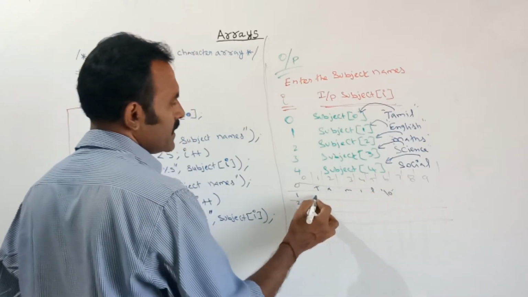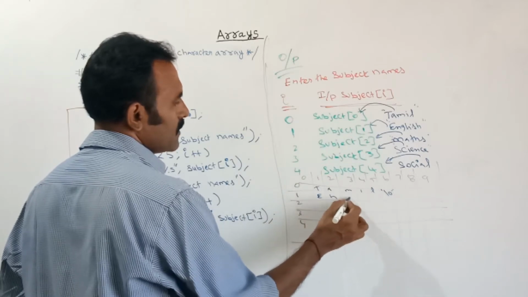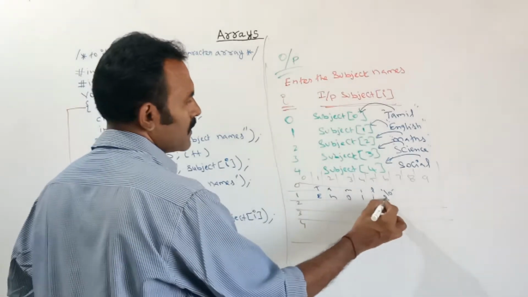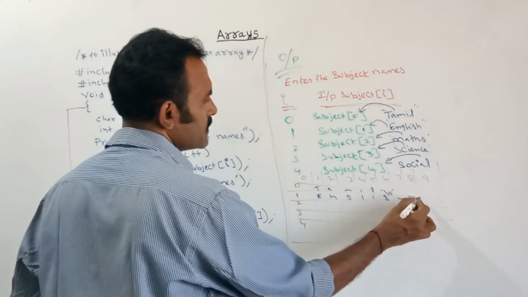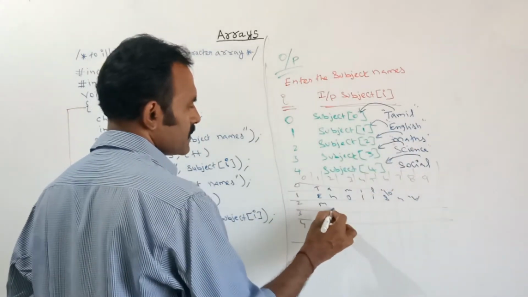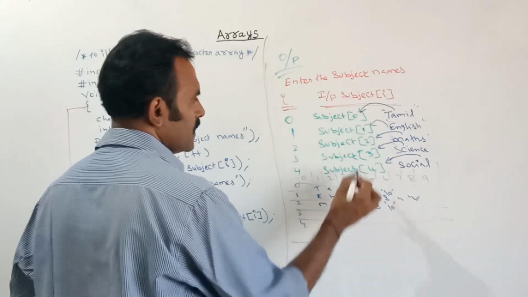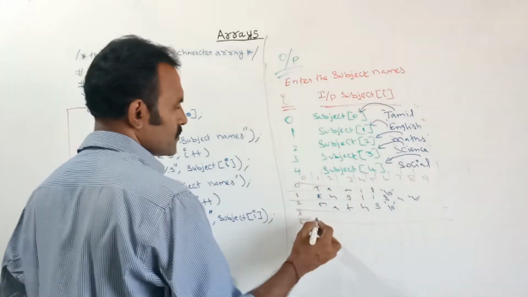See, next in same way at the first location I have stored English, here \0. At the second location I have stored Maths. At the third location I have stored Science.